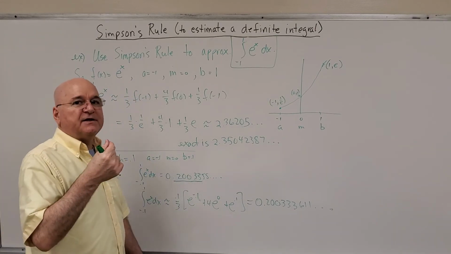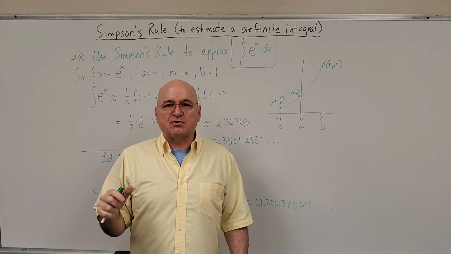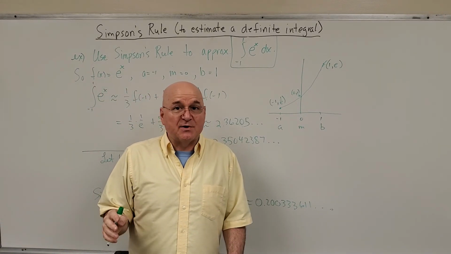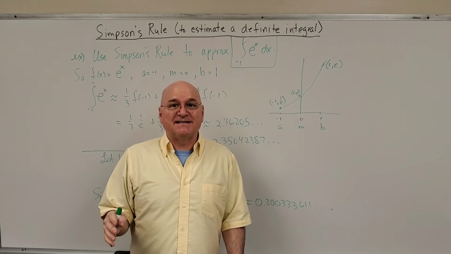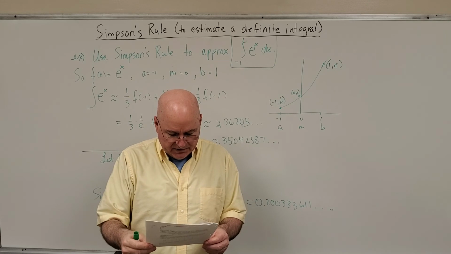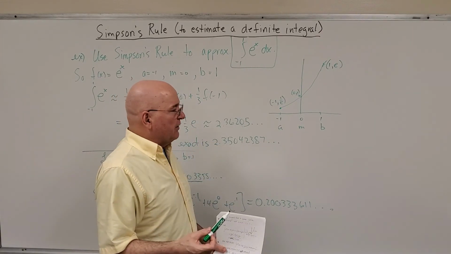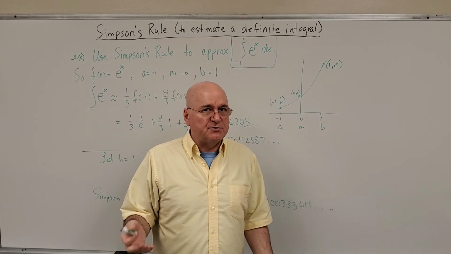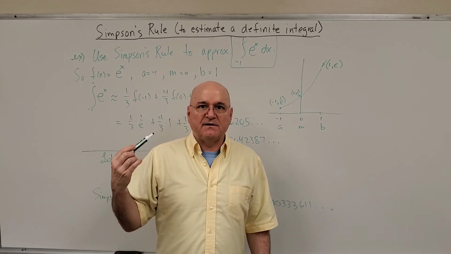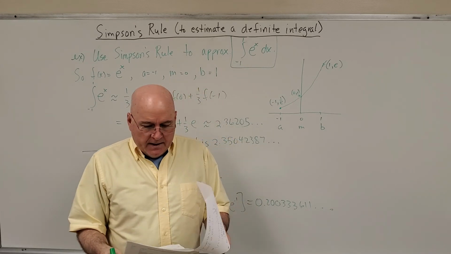So the smaller the interval is, of course, the better you're going to do. We should never need the trapezoidal rule again. Trapezoidal rule was excellent, but this is even superior. It's so easy to compute. E to the x is not anywhere close to being a linear function or a quadratic function, and the estimate using Simpson's rule is still very, very good.